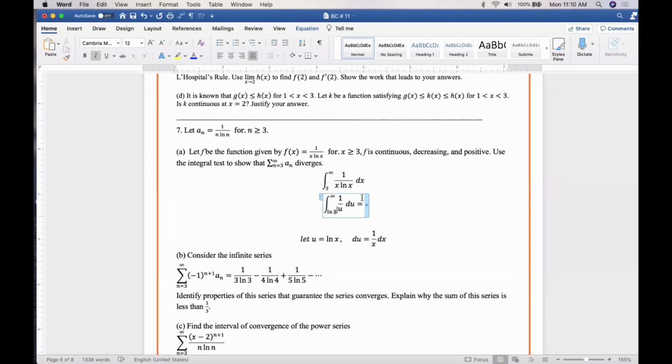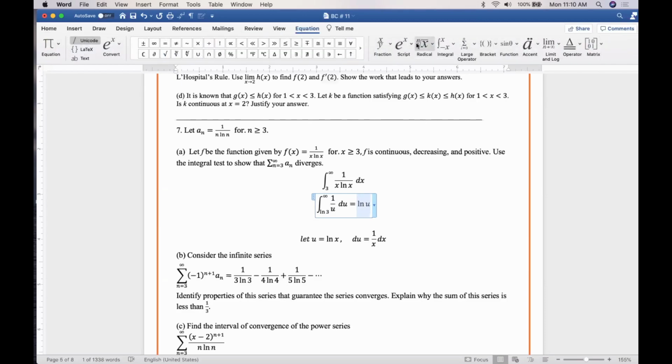Now, what is the integral of 1 over u? It's ln of u. And now we're going to evaluate this between what and what now? Between ln of 3 and we're not going to do infinity.